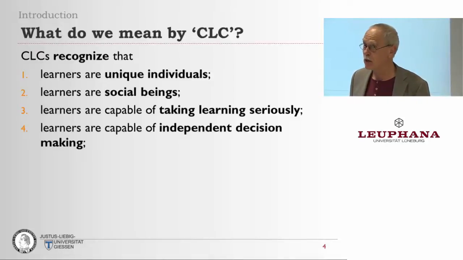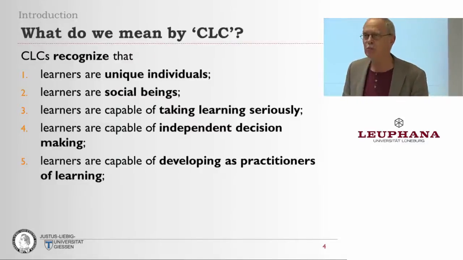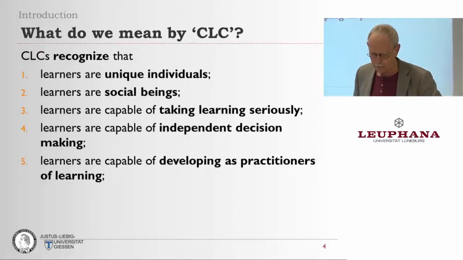They need the teacher, but on the other hand, they can make decisions for themselves and on their own. And 5thly, learners are capable of developing as practitioners of learning. They can learn how to learn. And that is crucial for a communicative classroom.